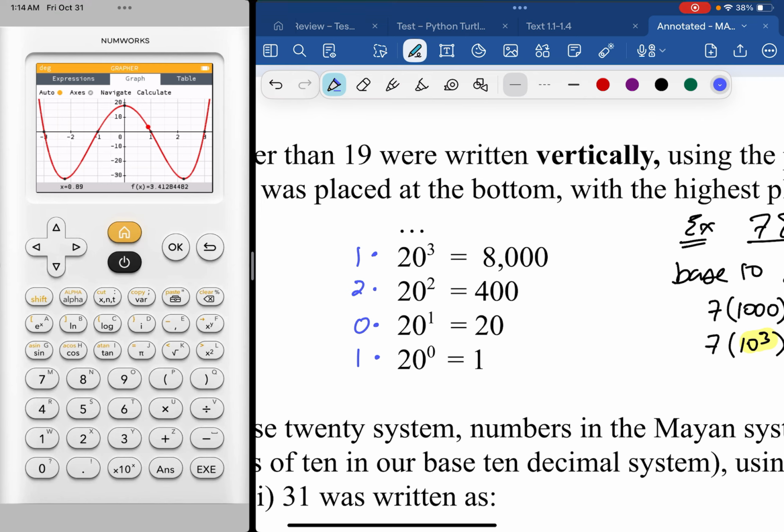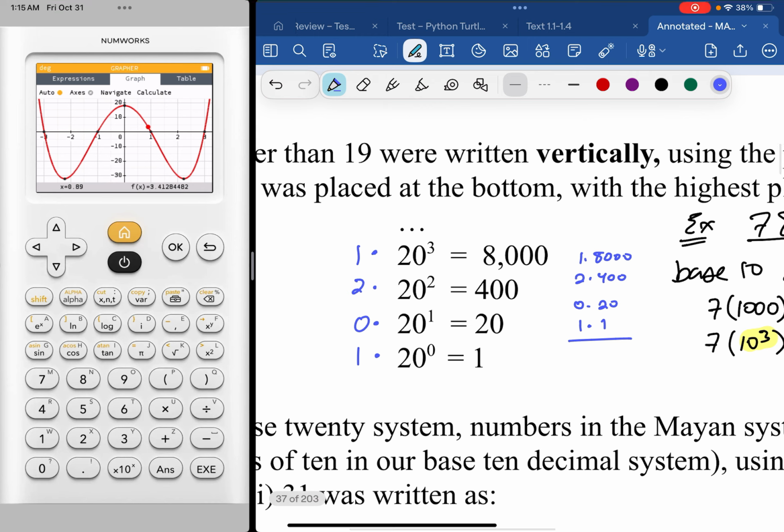But it's really 1 times 8,000, which would be 8,000, 2 times 400, 0 times 20, and 1 times 1. So that would be 8,000 plus 800 plus 0 plus 1.